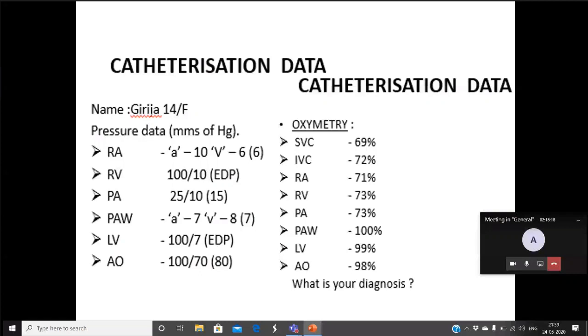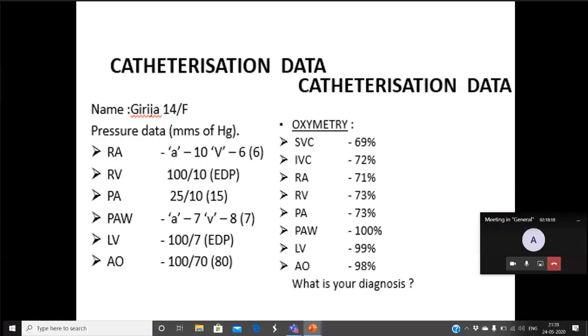If the patient has a VSD, then you can take right atrial oxygen saturation as the mixed venous saturation. If the patient has a PDA, then you can take the oxygen saturation in the ventricle as the mixed venous oxygen saturation. If the patient does not have any step up at the RA level, then RA can be taken as the mixed venous oxygen saturation.